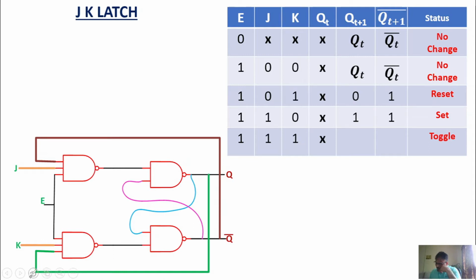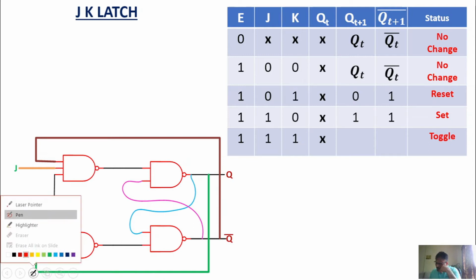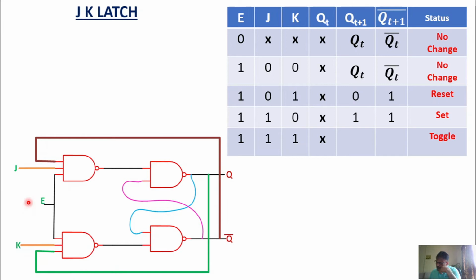Now in JK latch, you know what the connections are. You can see that this NAND gate has three inputs and Q bar is connected to this input.